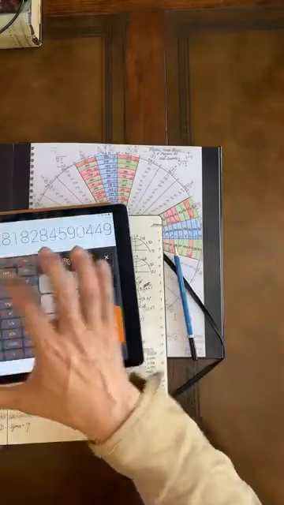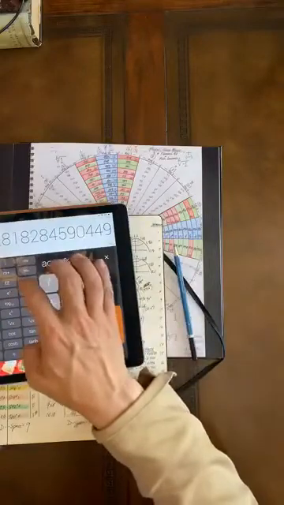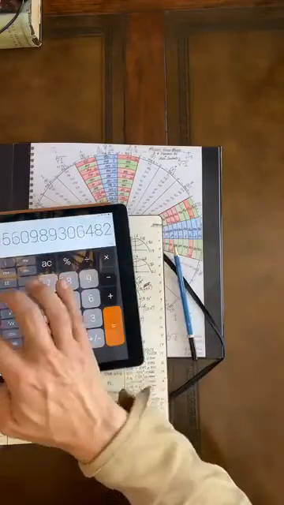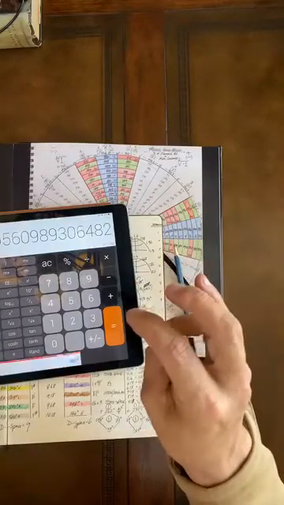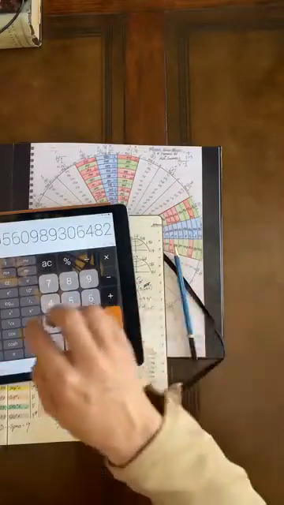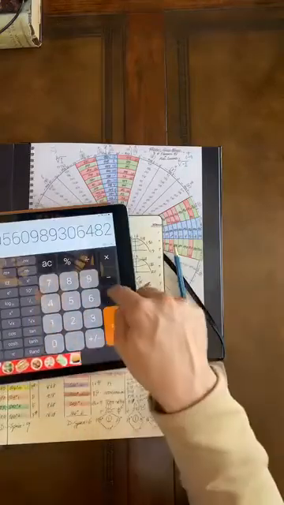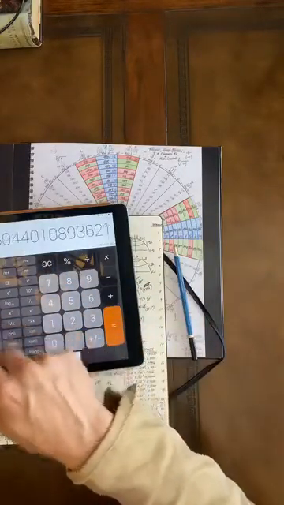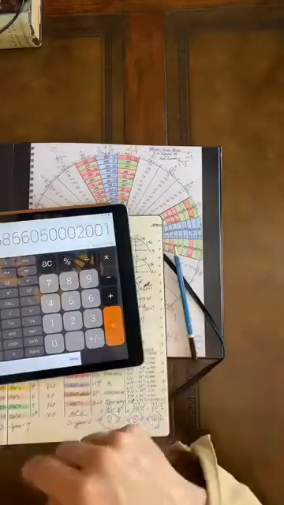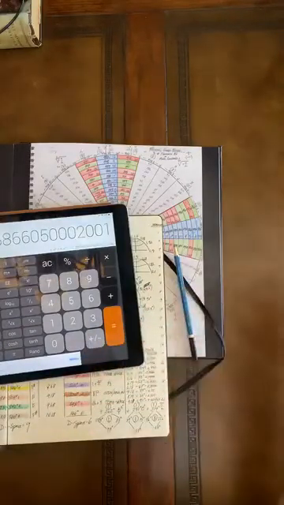So here's Euler, and we're going to square that. And we're going to do this like a Pythagorean triangle, so a 90-degree triangle. So Euler squared plus pi squared gives us the value of the third side squared.